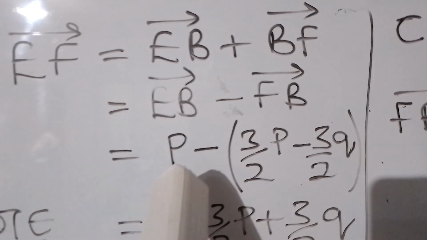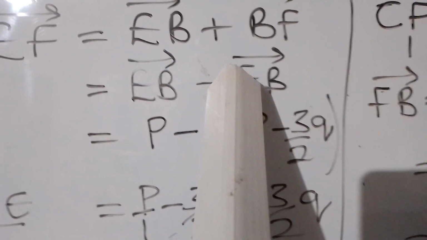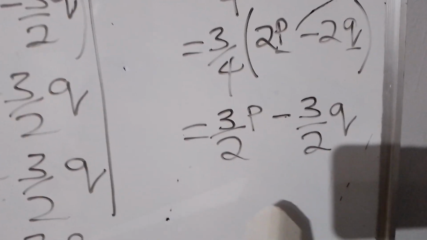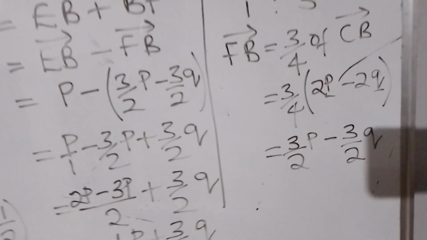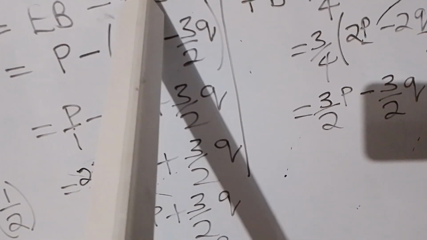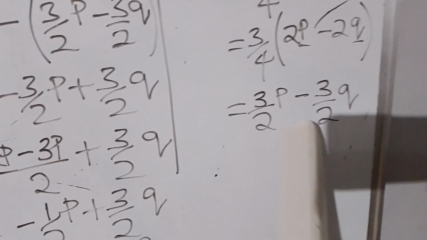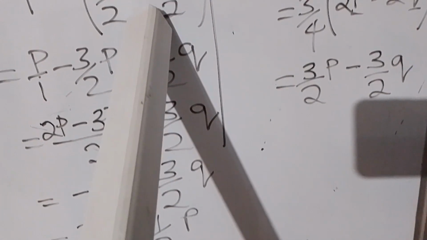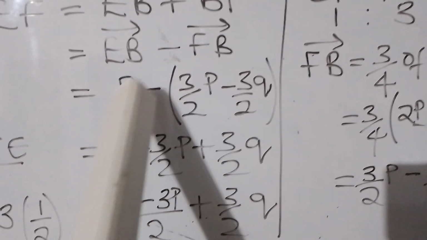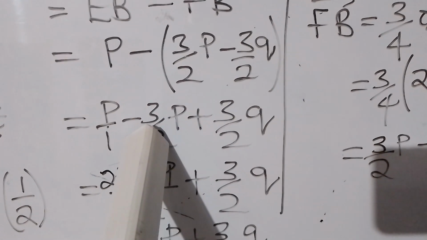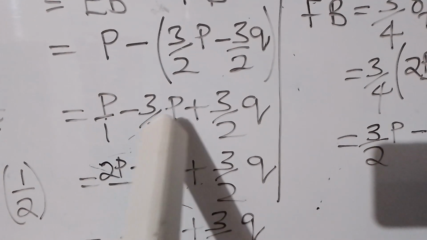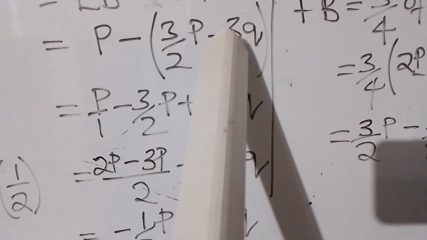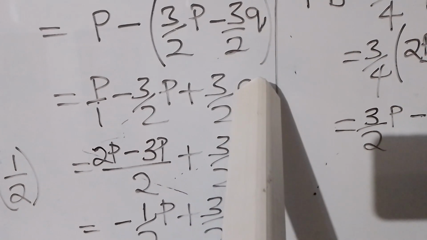So EB is P minus, what is our FB? We found it earlier, so where there is FB, we substitute, because we know that FB is 3 over 2P minus 3 over 2Q. Then we multiply negative times this, it gives us negative 3 over 2P plus negative times negative, that's positive 3 over 2Q.